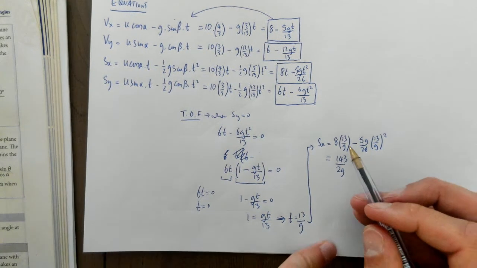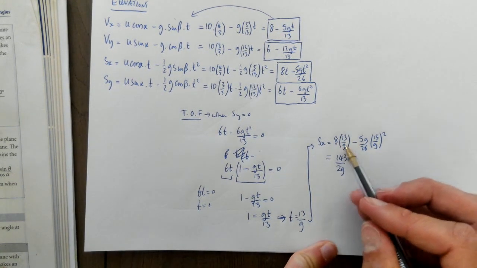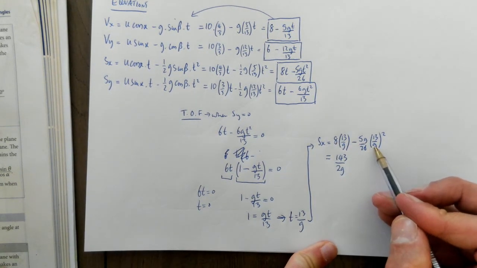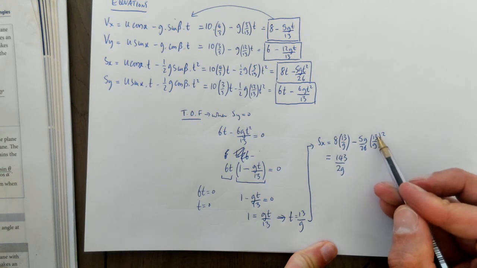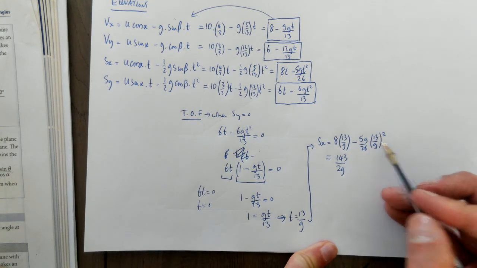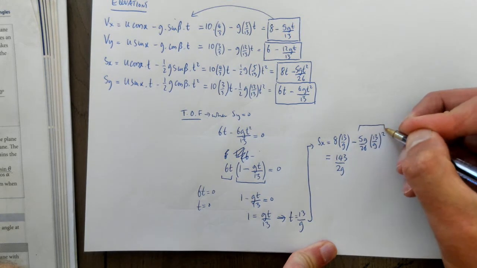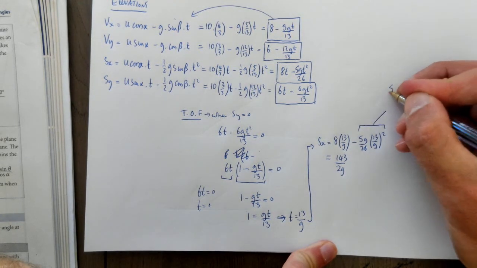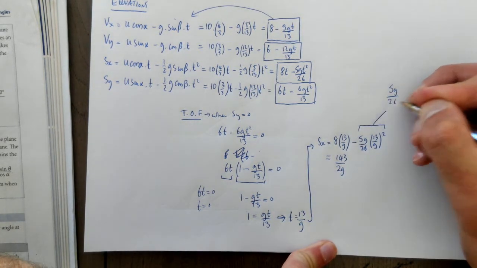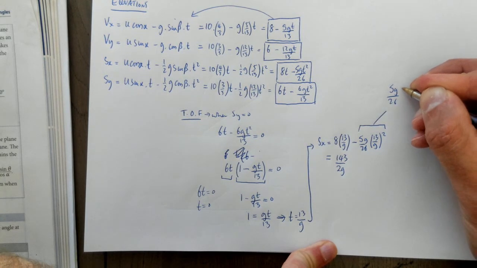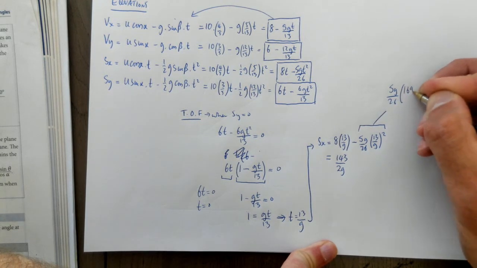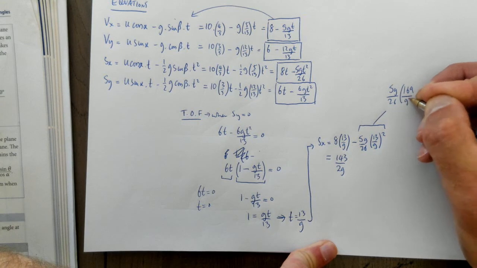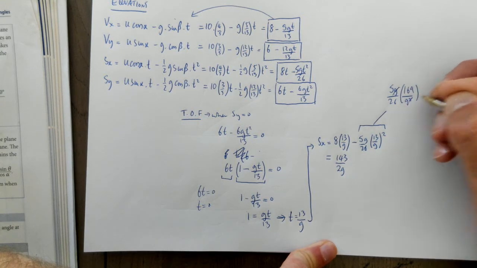Okay, 8 times 13g. This becomes g squared, cancels with that one. 169 is 13 squared. So actually let's do this. I don't know why I'm rushing that. Okay, 5g over 26 times 169 over g squared. So this goes with that.